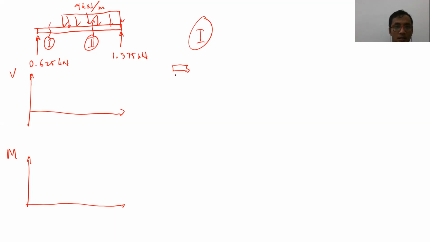Okay, and on the left edge, I will have 0.625 kilonewton. And then on the right edge, because I cut it there, as usual, we will put the positive shear force and positive moment there. Shear force and moment with the positive direction. So shear force supposed to be going down and moment supposed to be going counterclockwise.